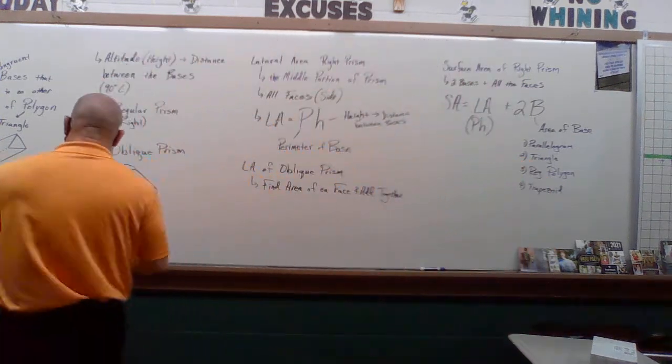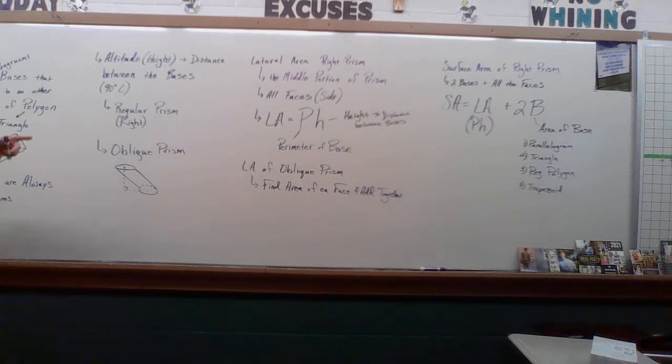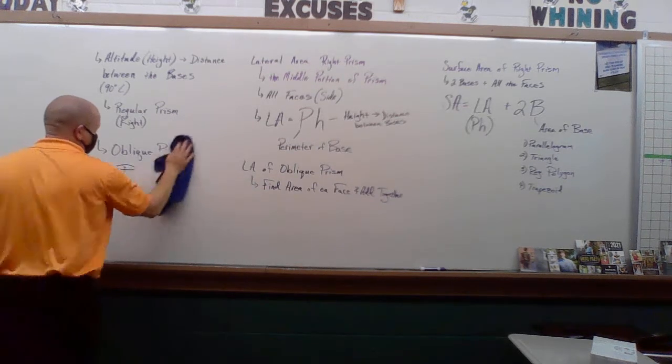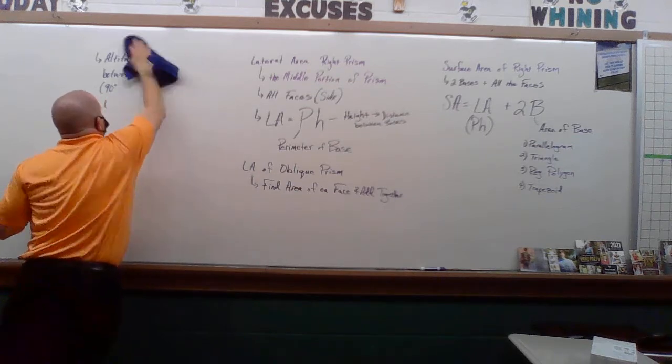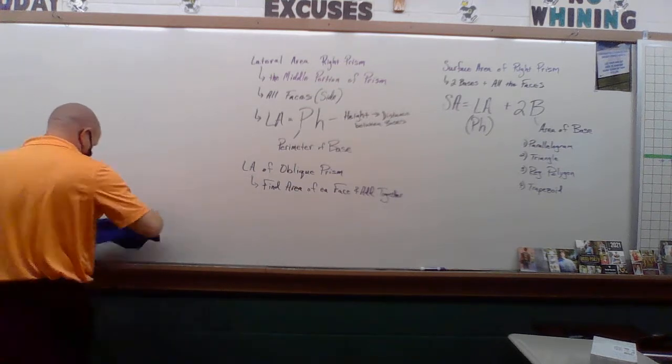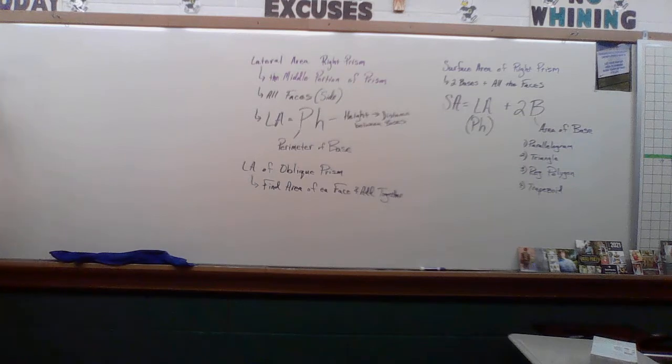So, the next part of this then is going from right prisms to cylinders. But realistically, a cylinder is a prism. It's just what? What's the difference? It's always going to have a what? Yeah. So, we now look at a cylinder.